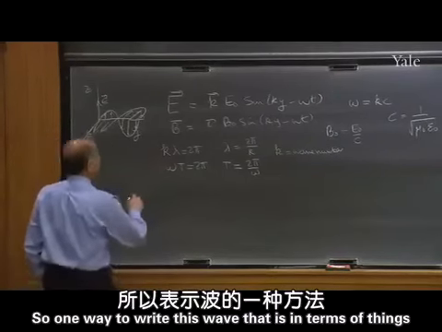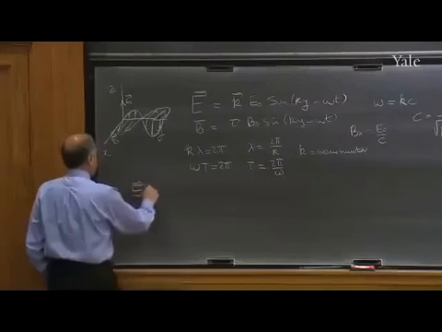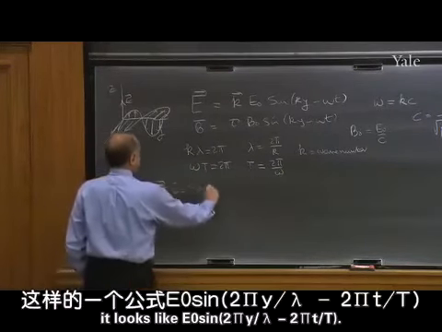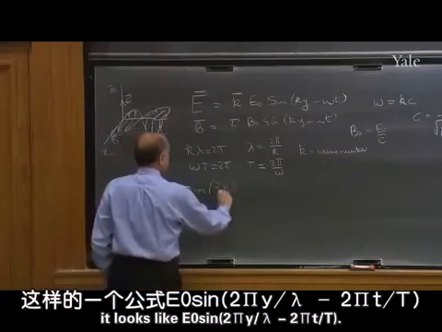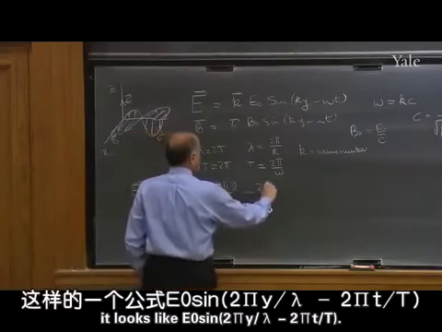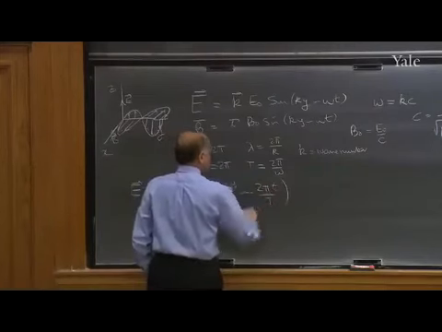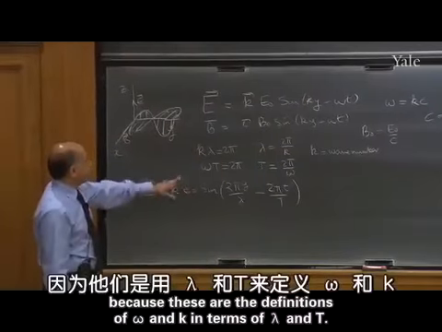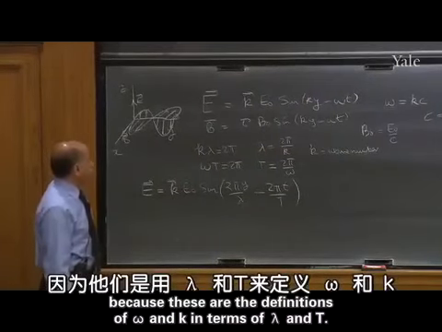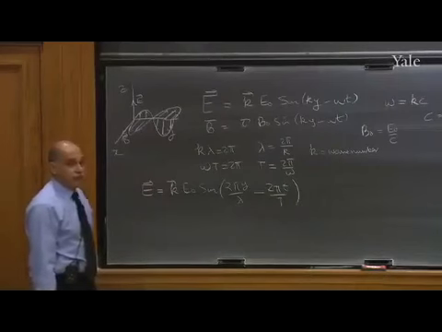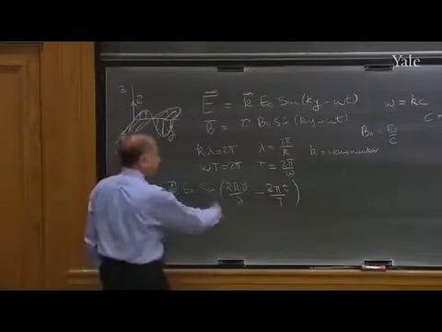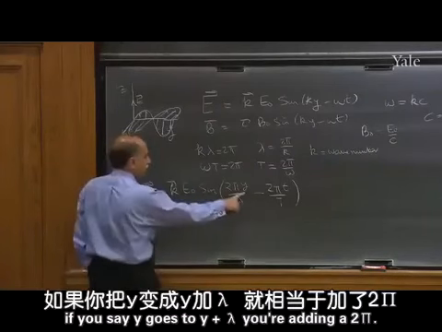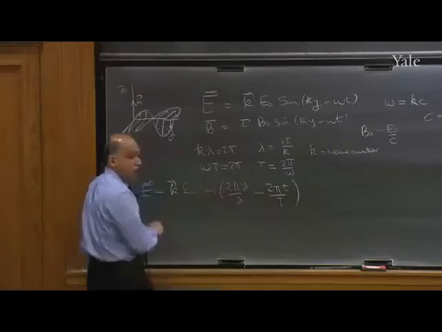So one way to write this wave in terms of things you're more familiar with would be to say, it looks like E0 sine 2 pi y over lambda minus 2 pi t over T. This is completely equivalent to what I wrote, because these are the definitions of omega and k in terms of lambda and T. Maybe writing it this way is more transparent: if you add a lambda to y on the top, if you say y goes to y plus lambda, you're adding a 2 pi.